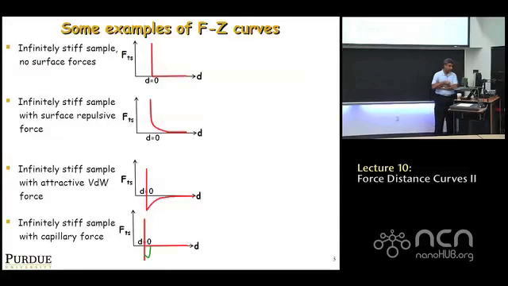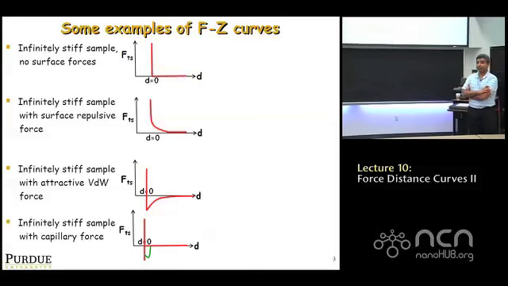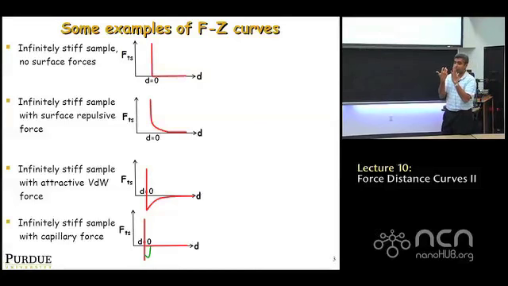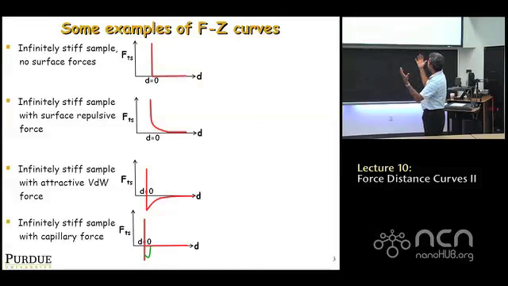So let's go over this, which was done in the last class, but let's do it in a little more detail. On the top, you have an example of an FD curve. D is the separation between the tip and the sample. And this is an example of an infinitely stiff sample with no surface forces.